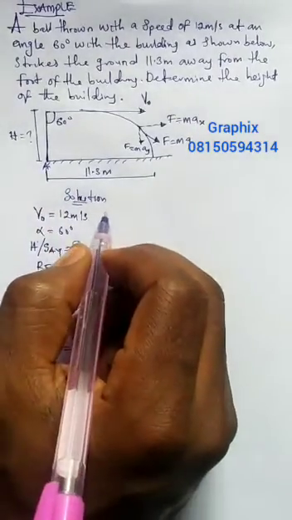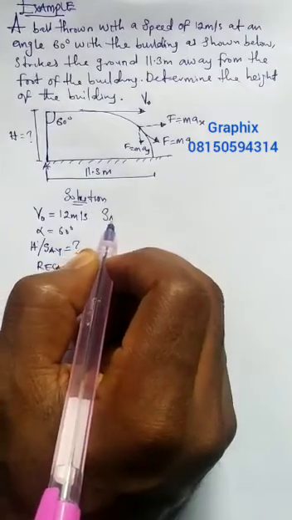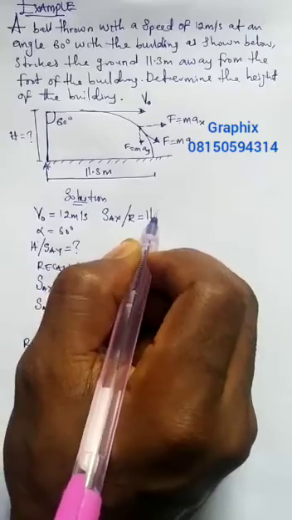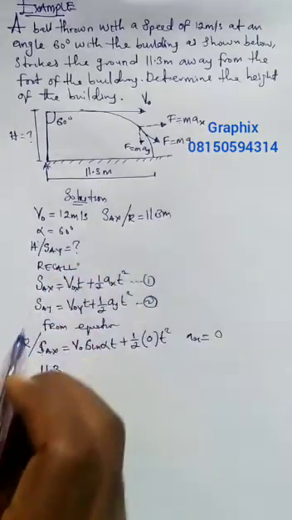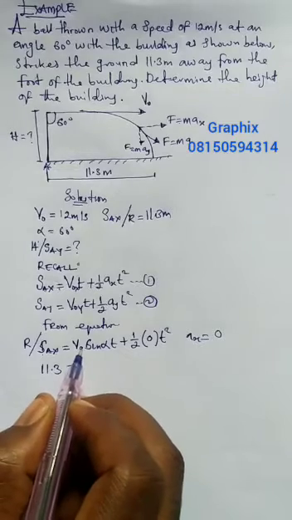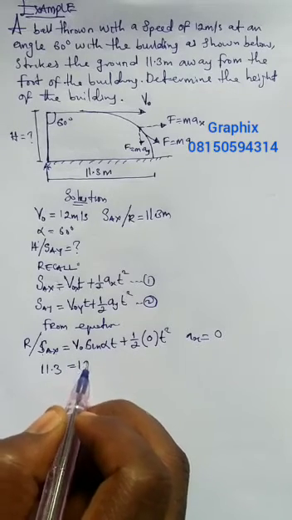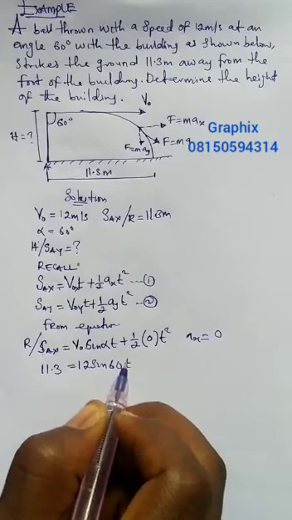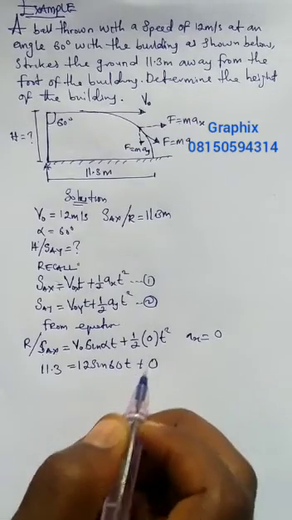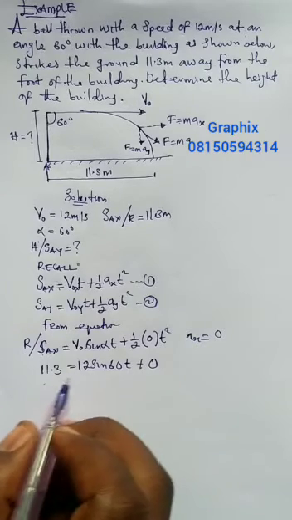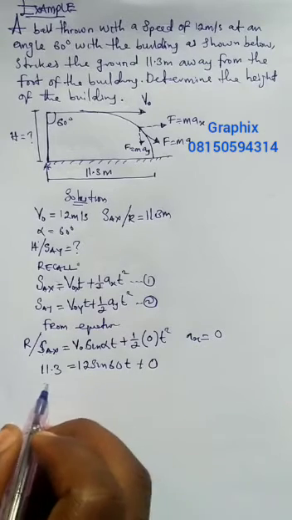So S_AX, or the range, equals 11.3 meters. So my initial velocity is 12 sine 60 T, plus everything else becomes 0.